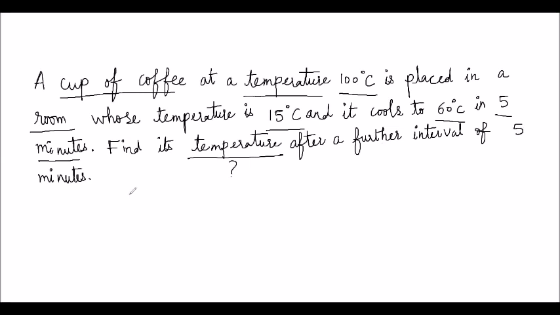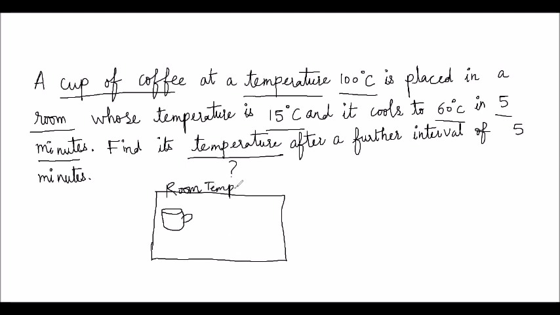Means, if I explain it here, suppose this is our room. We have here a cup of coffee. This room temperature is constant and this room temperature is 15 degrees centigrade.